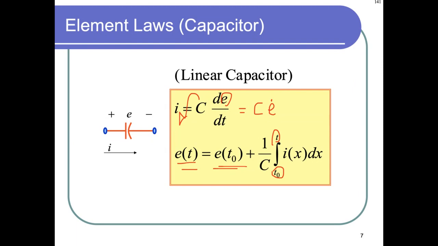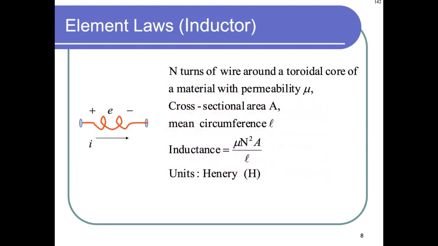Similarly, we have inductors. If you have n turns of wire on a toroidal core of a material with permeability mu, cross-sectional area A, and mean circumference L, then we have an inductance formula, which is measured in Henrys.